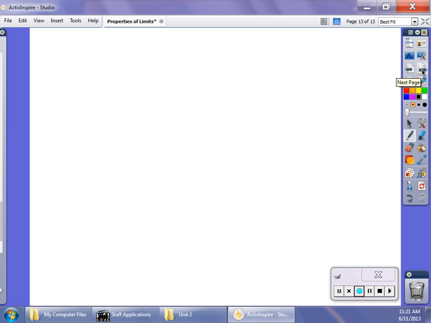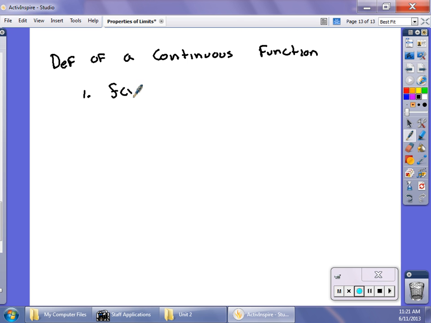They will ask you, and what you are responsible for is the definition of a continuous function. Three parts. Number one, f of x must be defined.